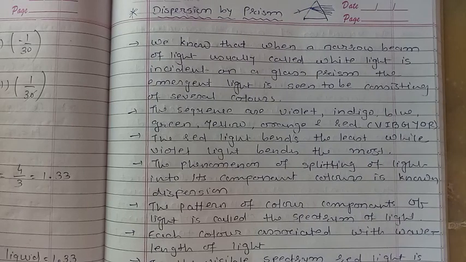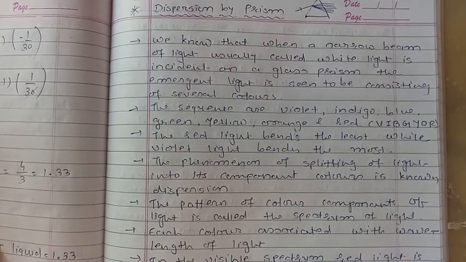For example, the bending of the red component of white light is least while it is most for violet. We already discussed that violet bends more and red least. And the red light travels faster than violet light in the glass prism. You have to remember this.